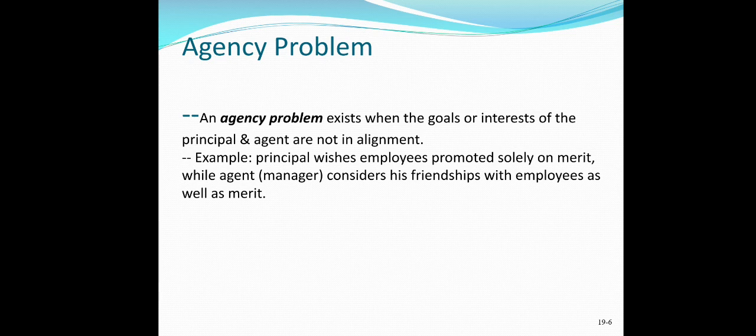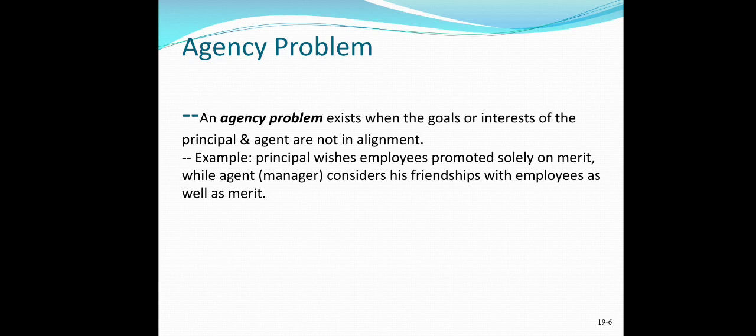They do not care whether the business is making maximum profit or not, but they want their position as a manager to be secured, and they want maximum salary and bonus, etc. That is their interest. So this misalignment between the interests of principal and agent is called agency problem.